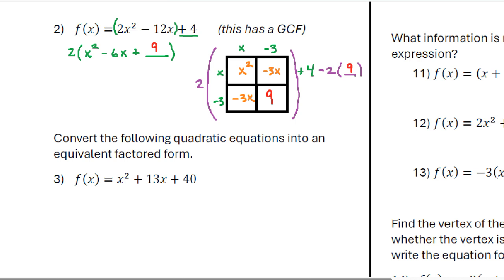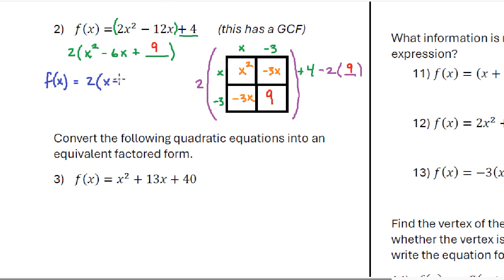All right, let's go ahead and write our vertex form. I'll just start with f of x, get that out of the way. Equals 2, and then in parentheses, x squared minus 6x plus 9, is the area inside of our area model. That's exactly the same area as if we multiply the length and width together.